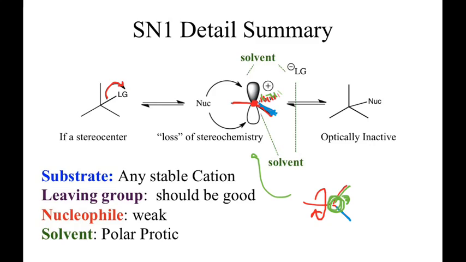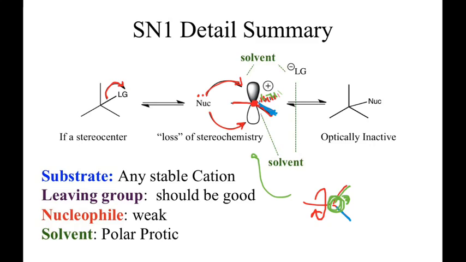The reason this becomes important is that that positive charge is now both above and below the plane of the molecule, which means the nucleophile, our source of electrons, I think we've been using red for our nucleophile, our electron source can either come in and stabilize the positive charge from the top or from the bottom.